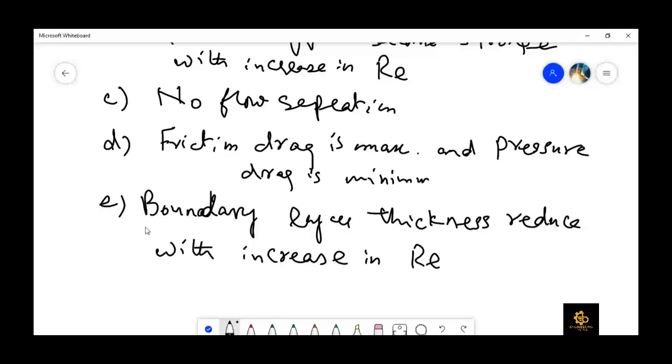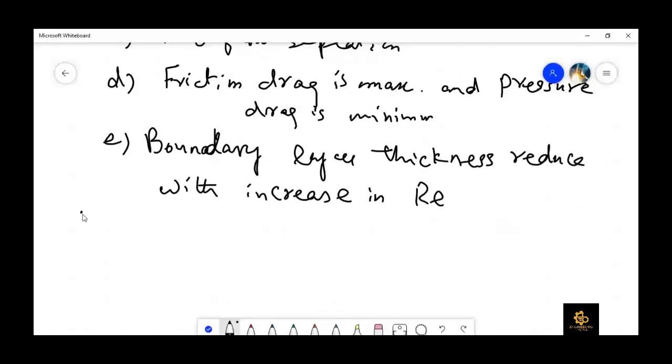Now talking about the external flows over a cylinder or sphere, we can call it a semi-blunt body.